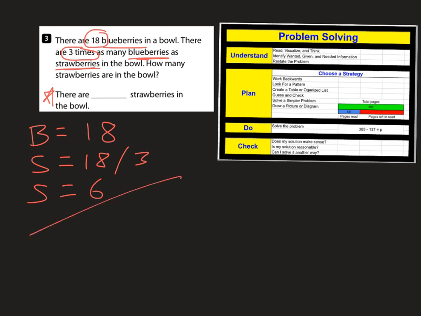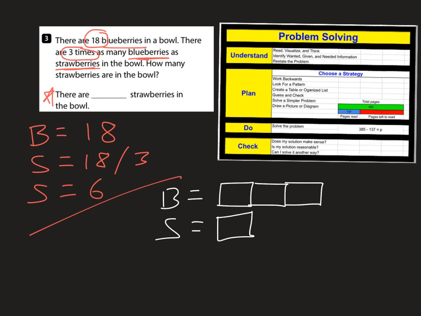All right, then we'll set it up using our bar model. We have blueberries equals, and I know blueberries are 3 times greater than our strawberries. So we put our strawberries here. And then I know my total is 18.